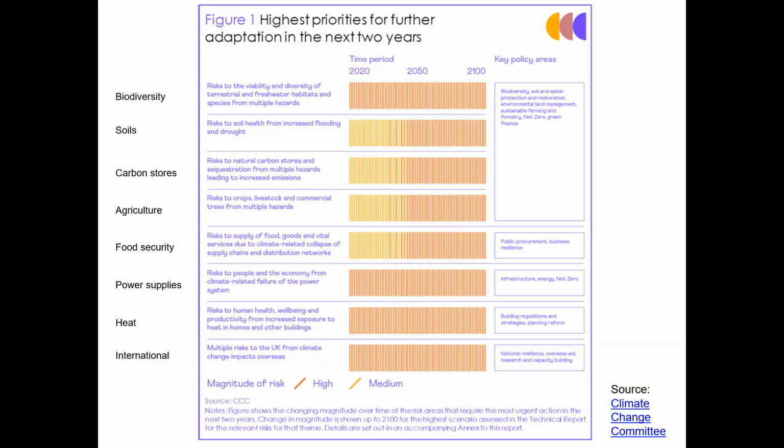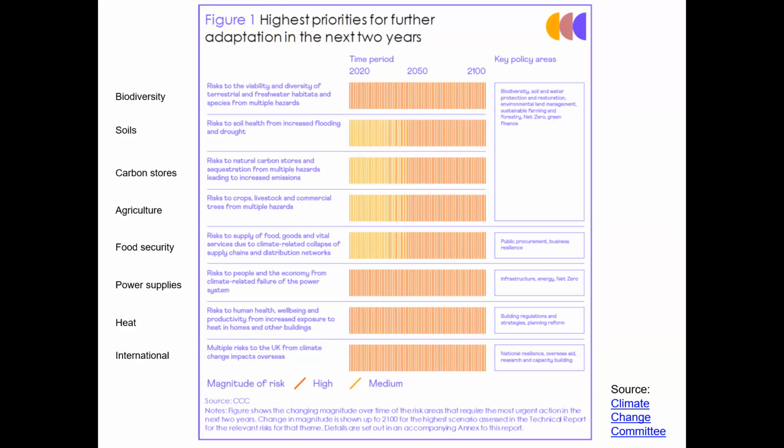And these are all quite high level, but I think if we look down the list and you read the little purple text that goes with it for biodiversity, soils, heat, international impacts, and so forth, most, if not all, of these national scale risks to varying degrees are relevant to the educational sector.